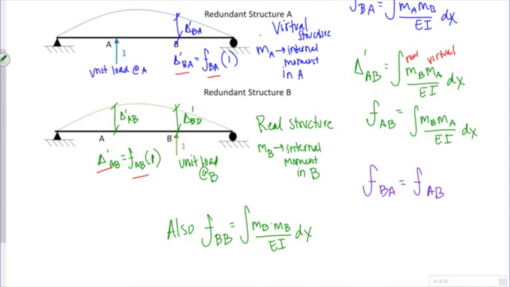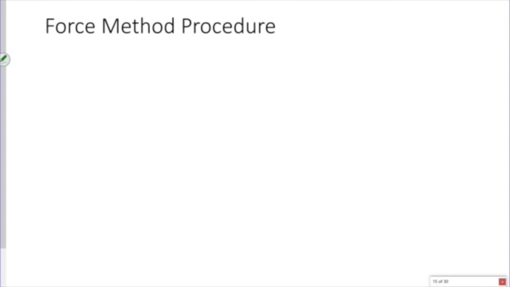So that is all of the theory behind the force method. I'm going to summarize the approach and then we're going to do some examples. So it's nothing you haven't really seen, right? You know how to find reactions of statically determinate structures.